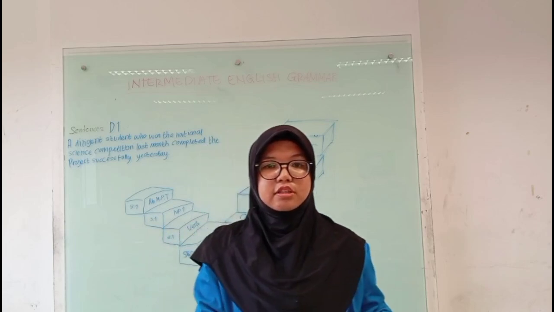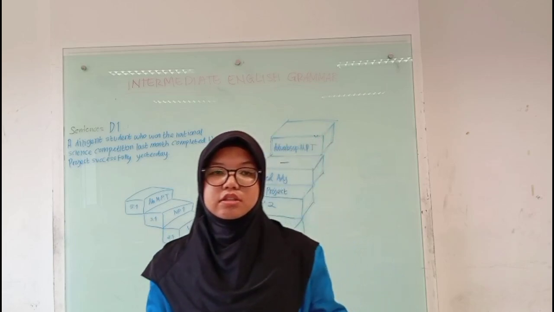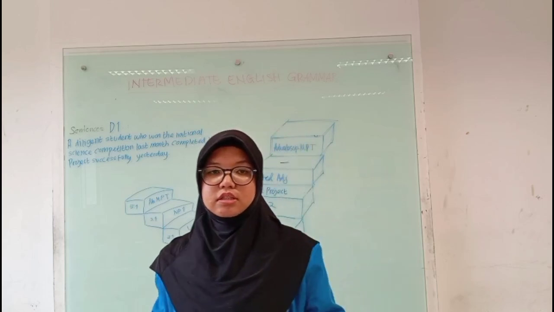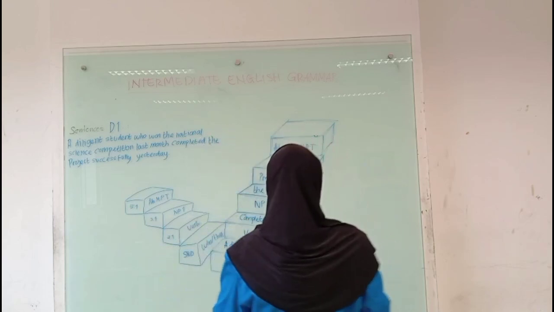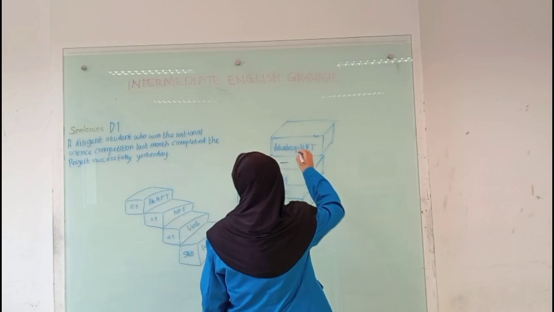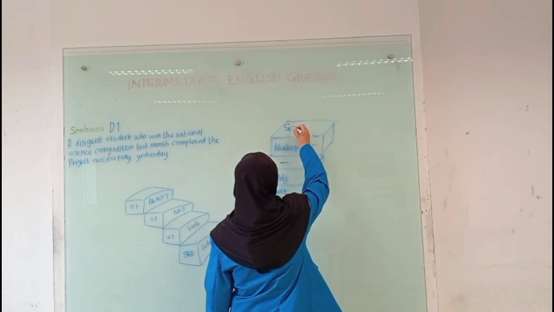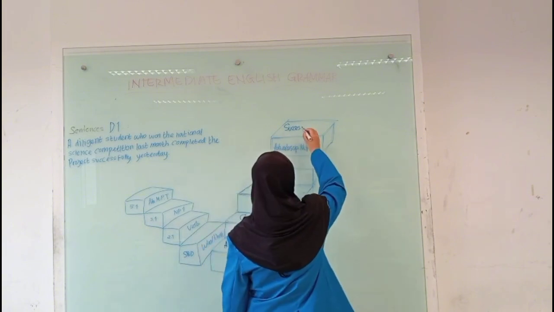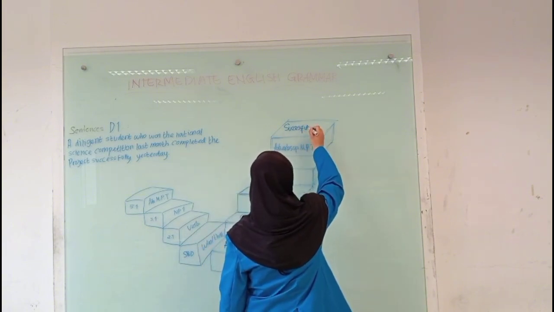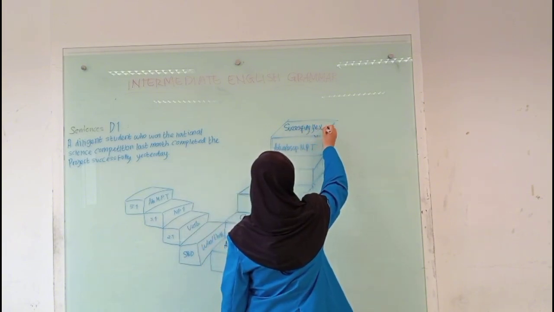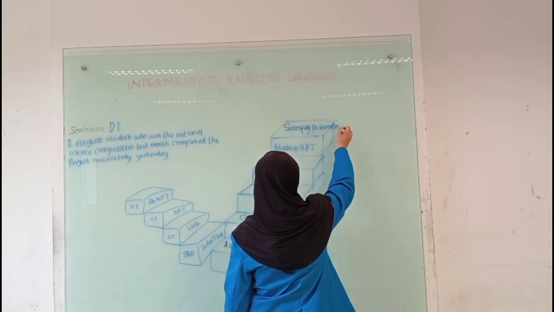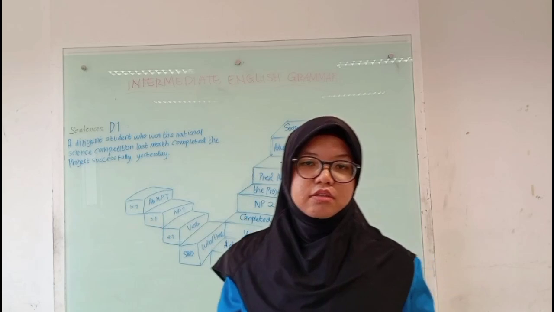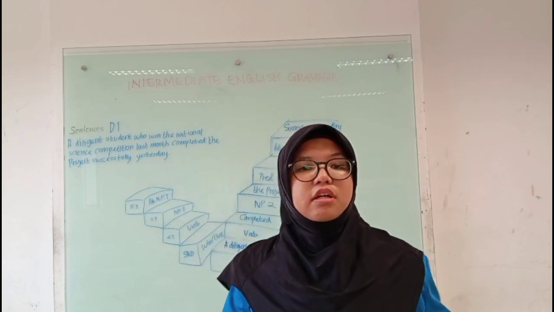There is no predicate adjective in this sentence. The fifth step is the adverb. It is successfully yesterday. It tells us how and when the action happened.